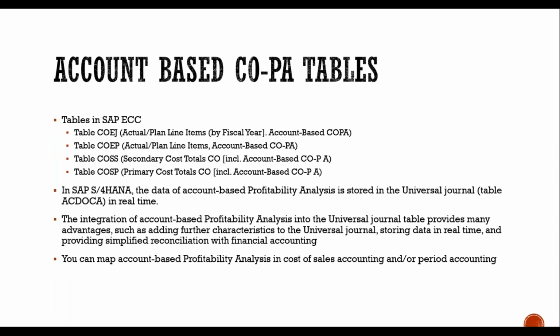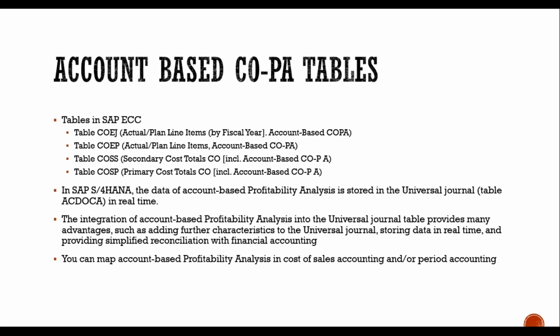What are the tables in account-based COPA? I divided this into two parts. What were the tables in SAP ECC? There were tables COEJ, COEP, COSS, and COSP. These were the four tables used in ECC. What is the purpose?